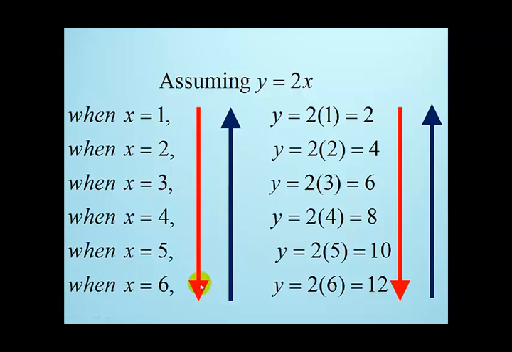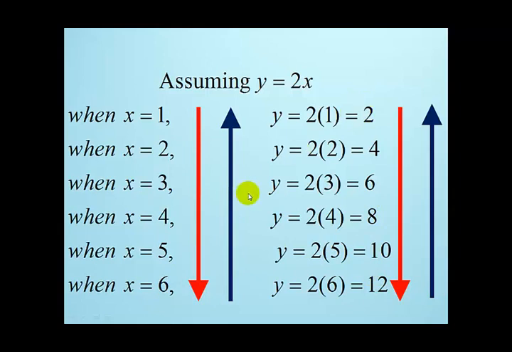At the same time, y also increases from 2 to 12. So as x increases from 1 to 6, y also increases from 2 to 12. Now let's look at the blue arrows. Also, as x decreases from 6 to 1, y also decreases from 12 to 2.